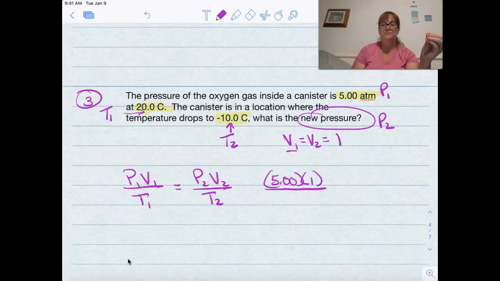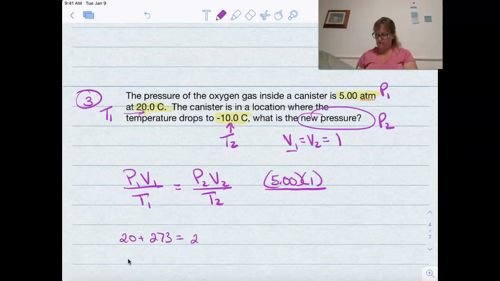What do we have to do? Convert to Kelvin. So 20 plus 273 equals 293 for our T1.